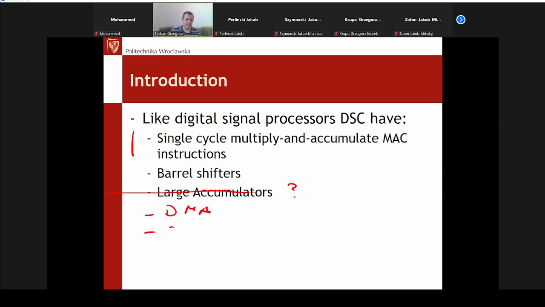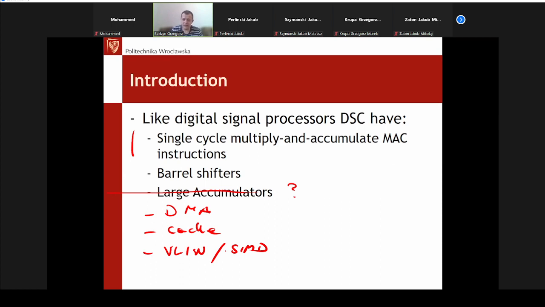DMA, cache today, quite often. Plus, we've got very long instruction words, SIMD instructions. This is becoming more and more common today in the case of DSCs. So it's not only about MAC, but it's about barrel shifters.